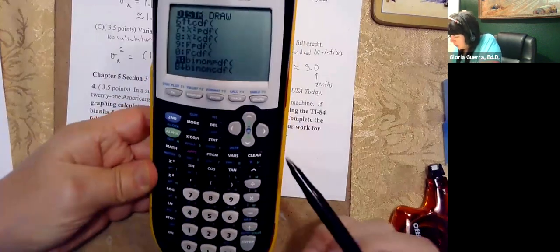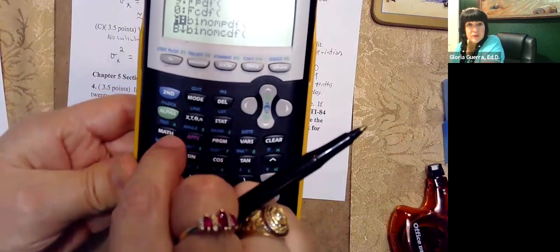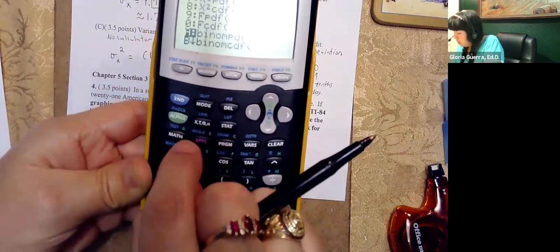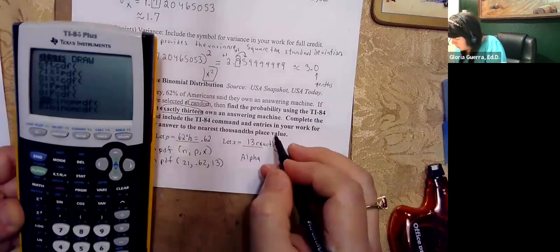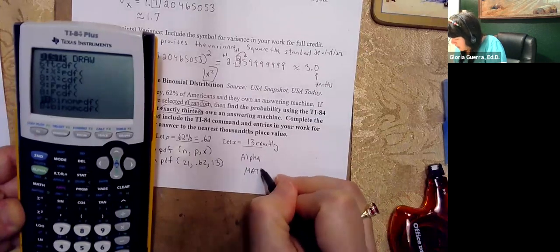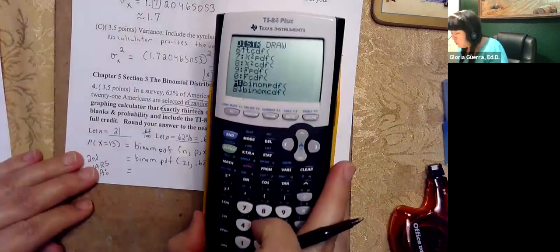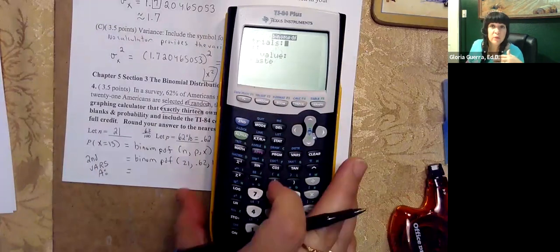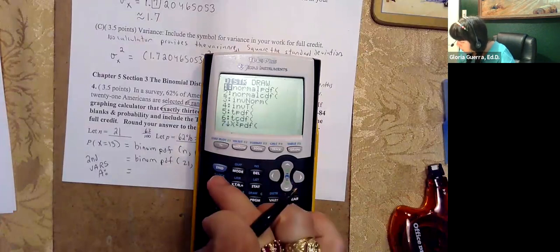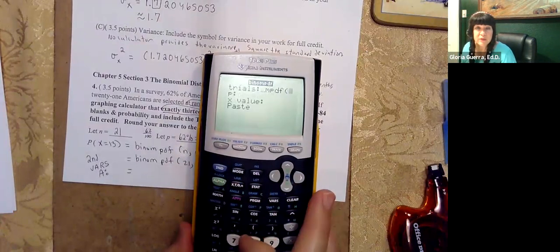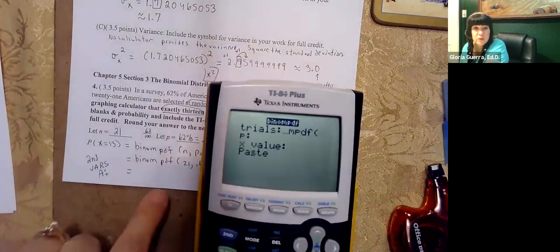See how A is on top of math? And see how it's green? So that would mean you want to do alpha and then math, because that will give you your A. So either you scroll down the long way, which takes a while, or you do second vars and then alpha math, and that would take you there. And then just double check, see, binomial PDF, that's what you want.